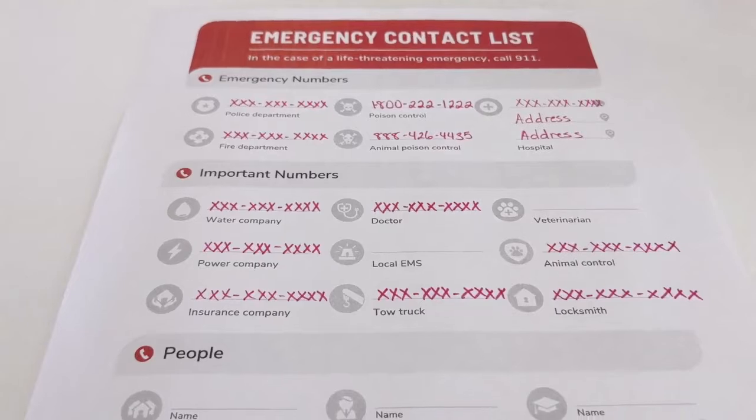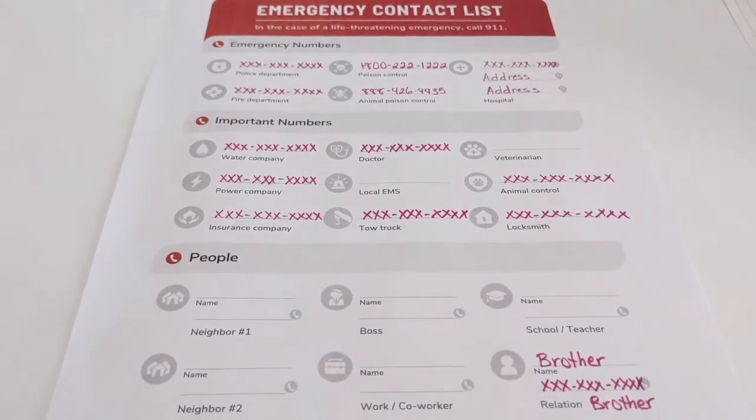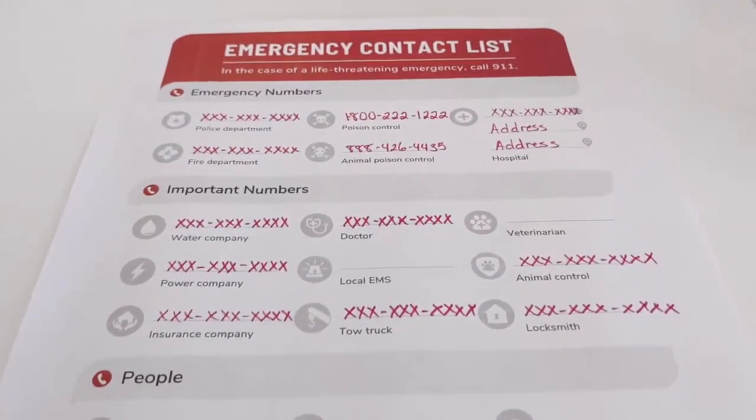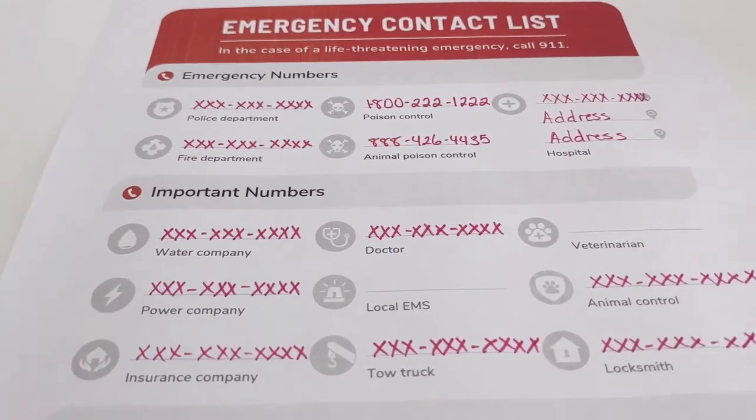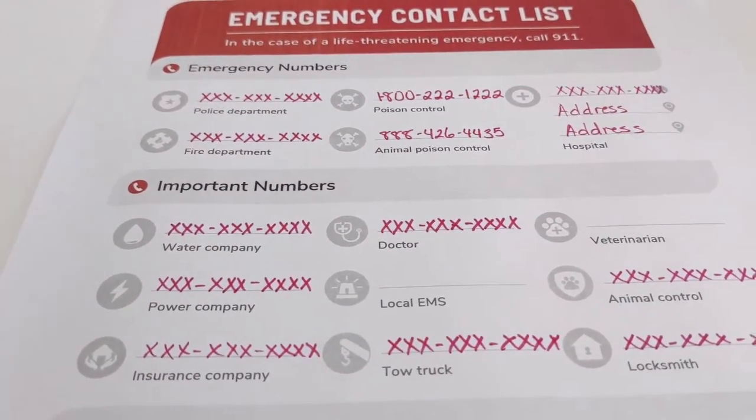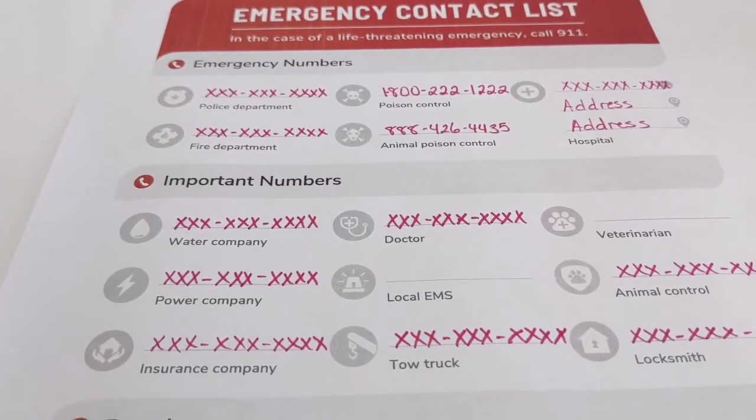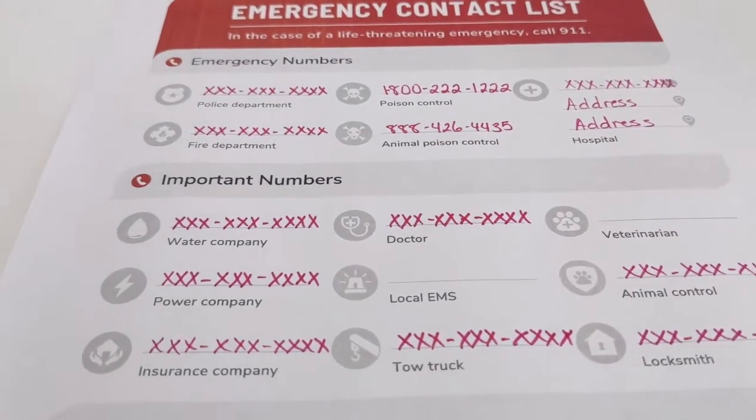So this is what it looks like when you actually fill it out. I have X's in place of numbers for mine because obviously I wanted to keep that private, but you would place your local department information there.